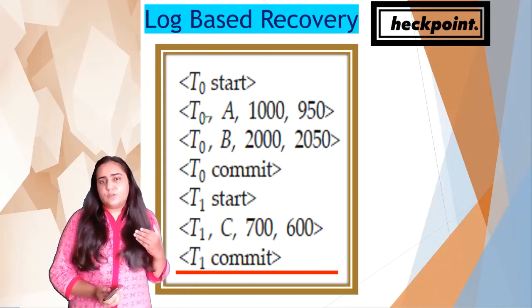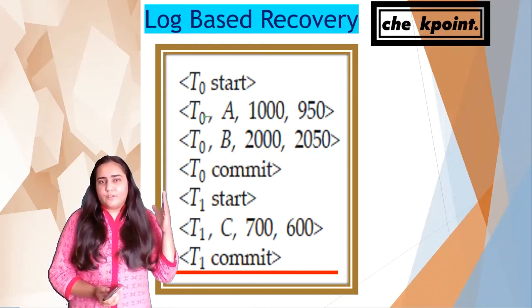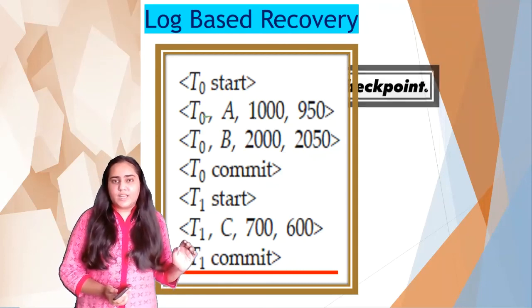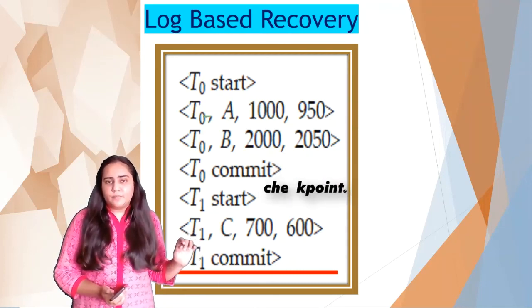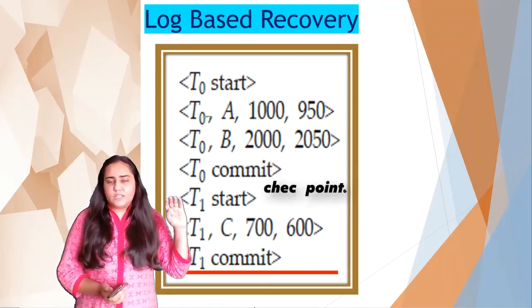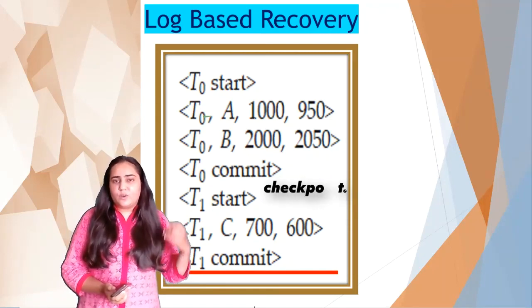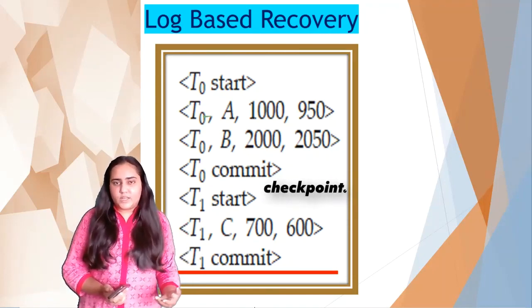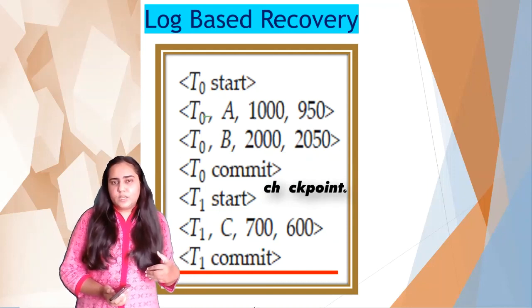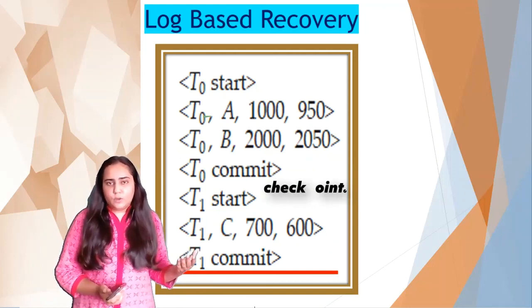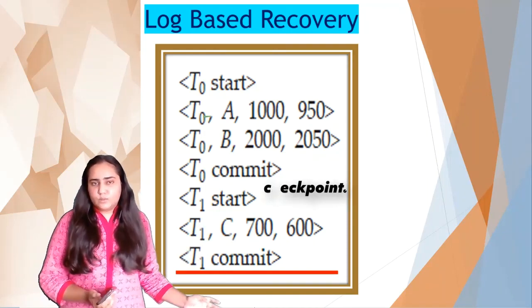But if you introduced a checkpoint, let's say that after I finished T0, I inserted a checkpoint. That means whatever T0 has done has already been copied to the secondary memory. So I do not need to redo T0. I only need to redo T1.